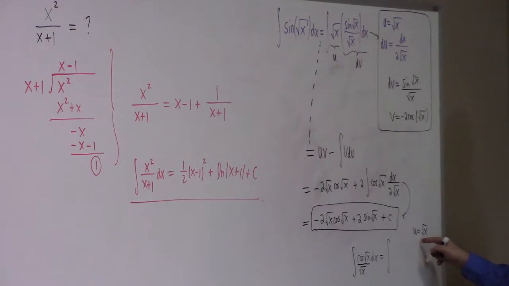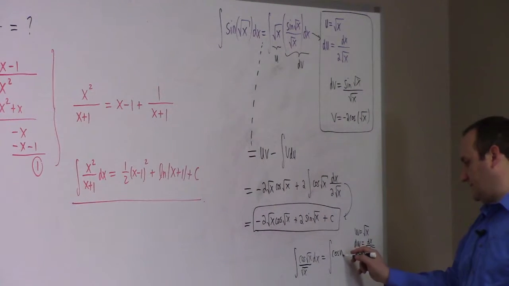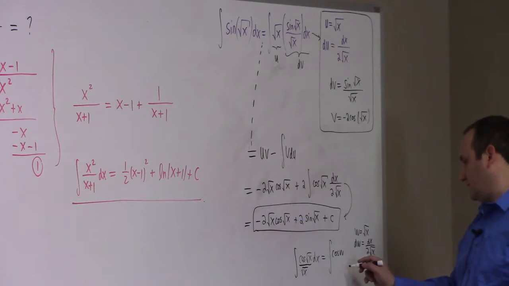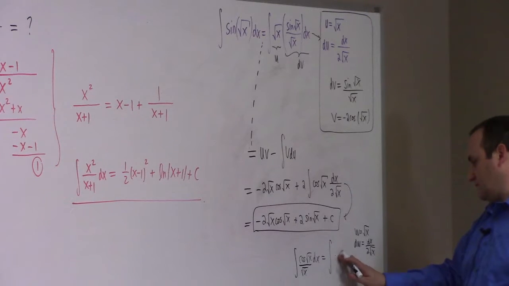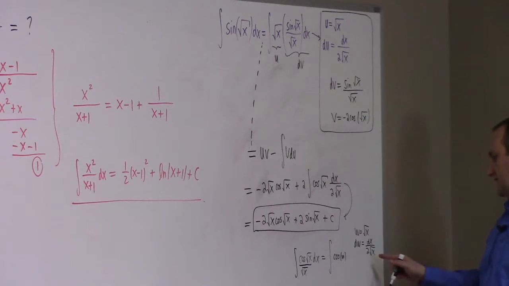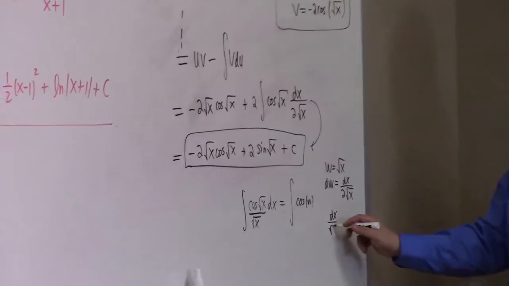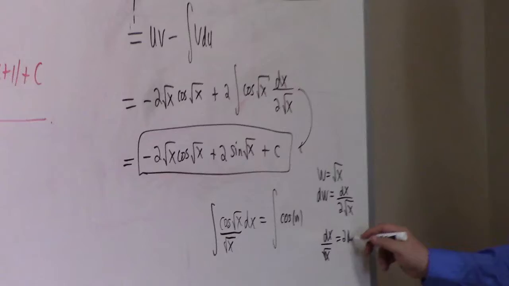So w equals root x, dw is dx over twice the square root of x. So this gives me cosine of w, and dx over root x is just equal to 2 dw.